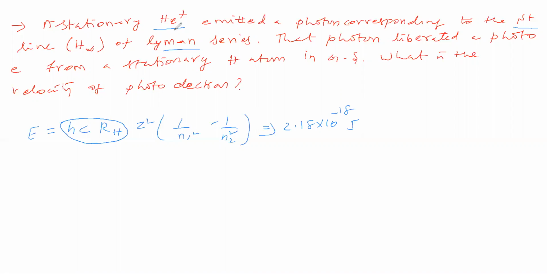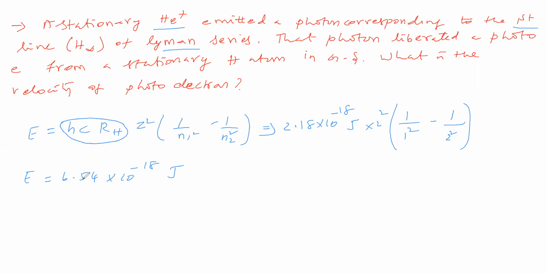For a unipositive helium ion, Z is 2, therefore 2 square. Here Lyman series means n1 is 1, the lower level, and n2 the higher level. First line, H alpha line, means n1 plus 1, therefore 2. Substituting, the energy is 6.54 into 10 to the power of minus 18 joule.